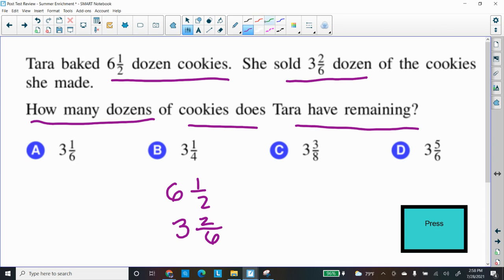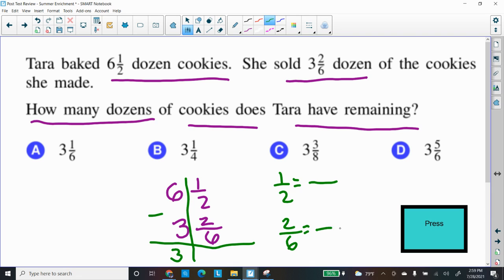Now, if you remember about subtracting fractions, we do the whole numbers with the whole numbers. So 6 minus 3 will give us 3. Now I have 1/2, and I need to convert that to a common fraction with the 2/6. I need to look for a common denominator, one that both 2 and 6 go into evenly.